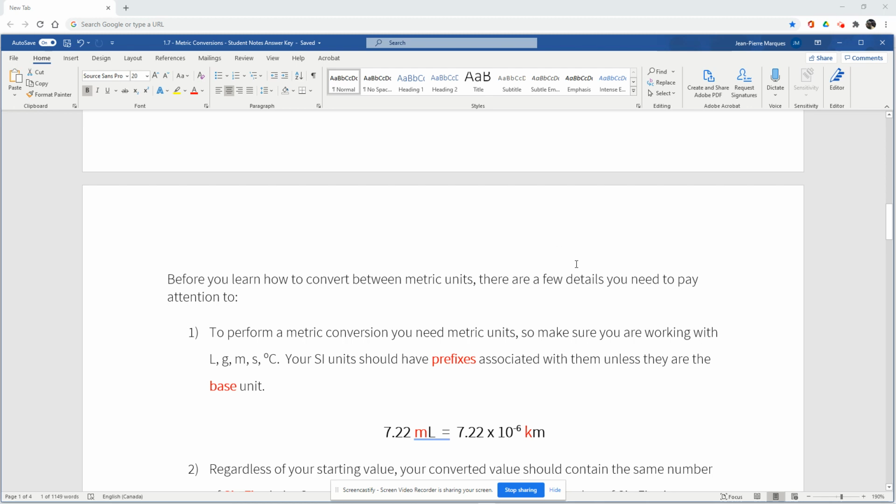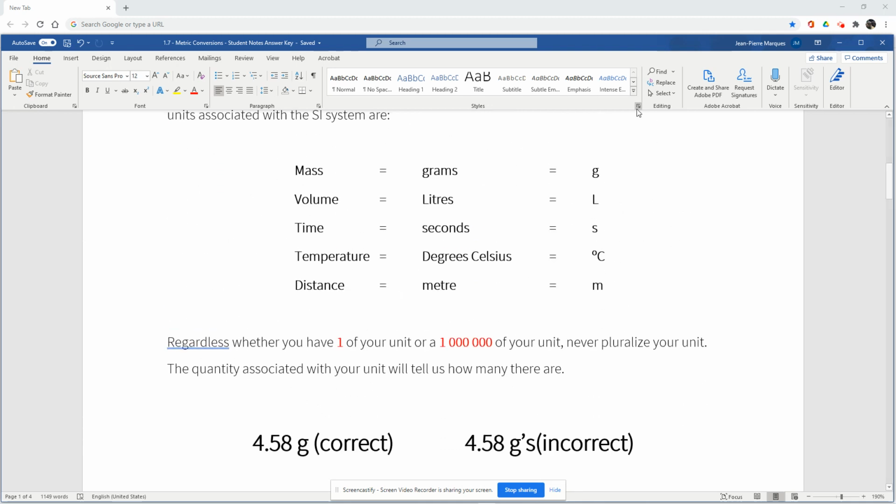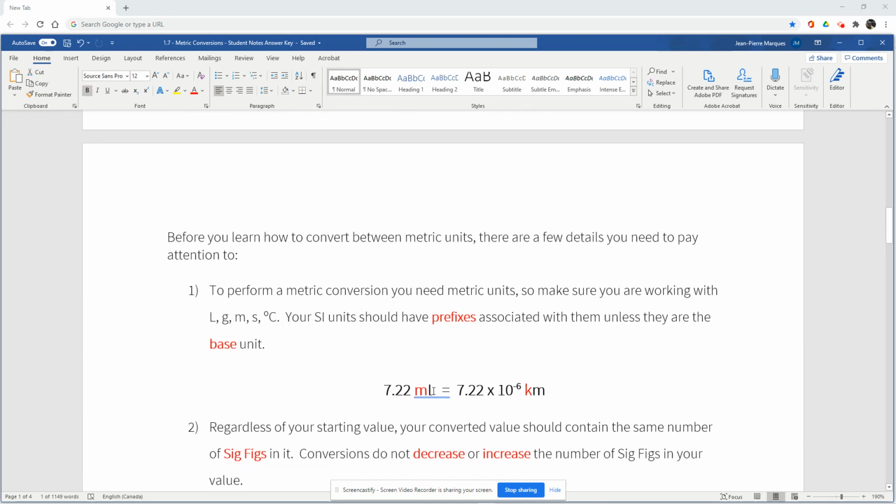Your SI units should have prefixes associated with them. If there is a prefix present, it will be in front of the base unit. So for example, in this statement right here, I have 7.22 m capital L. If I go back here, I see, are any of these a base unit? Yes, there are. Capital L is liters. Therefore, my base unit is liters.